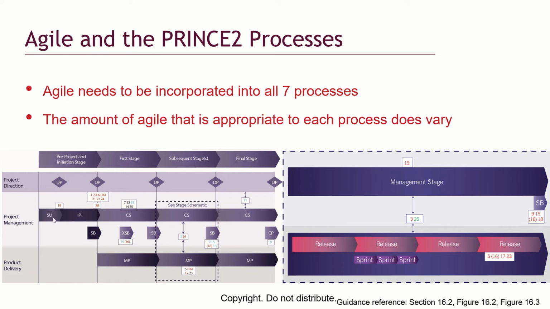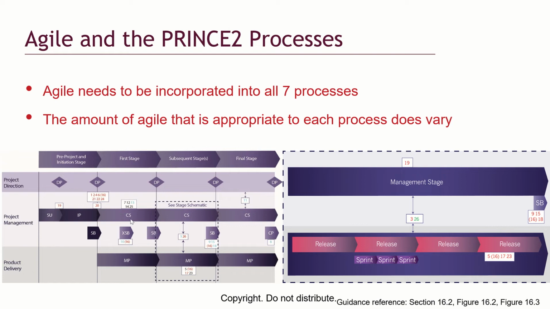SU. SU is starting up a project. DP is directing a project. IP is initiating a project. SB is talking about the boundary, the stage boundary. MP is managing products.